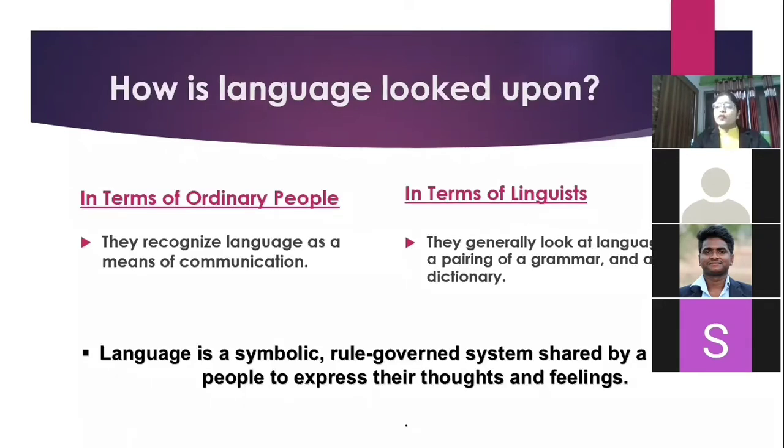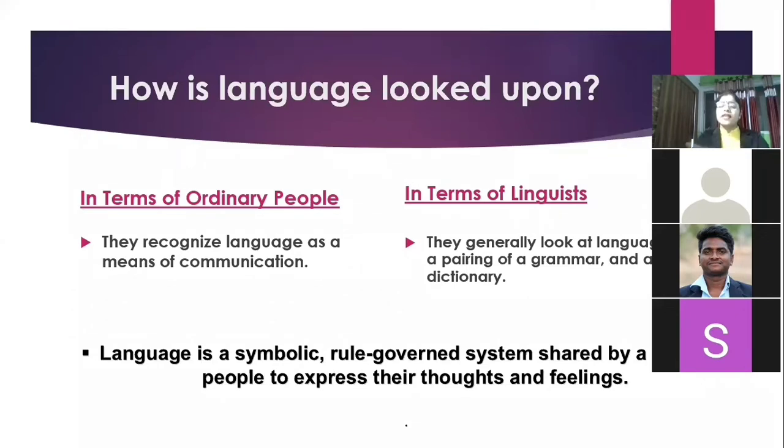Now, how is language looked upon? In terms of ordinary people, they don't know from where language has emerged. And in terms of linguists, they generally look at language as a pairing of grammar and dictionary, that is lexicon.